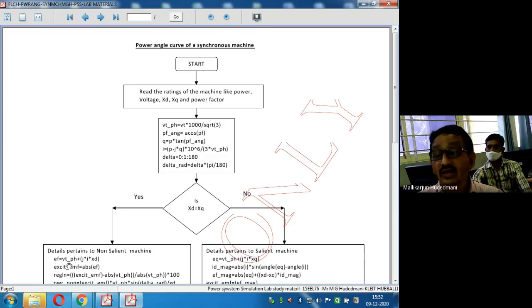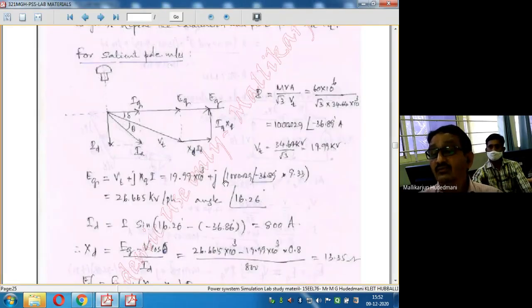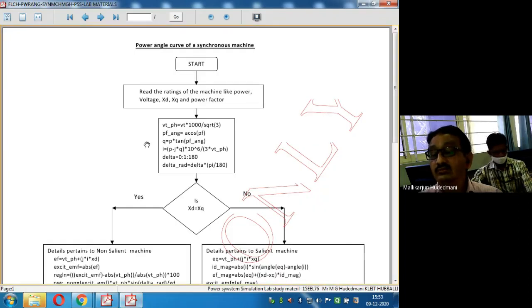So in the case of hand calculation, how did we do it? Per phase calculation. VT per phase is the line voltage divided by √3 in terms of kV. So in this mechanism, I write VT_PH equal to VT line voltage divided by √3 into 1000.